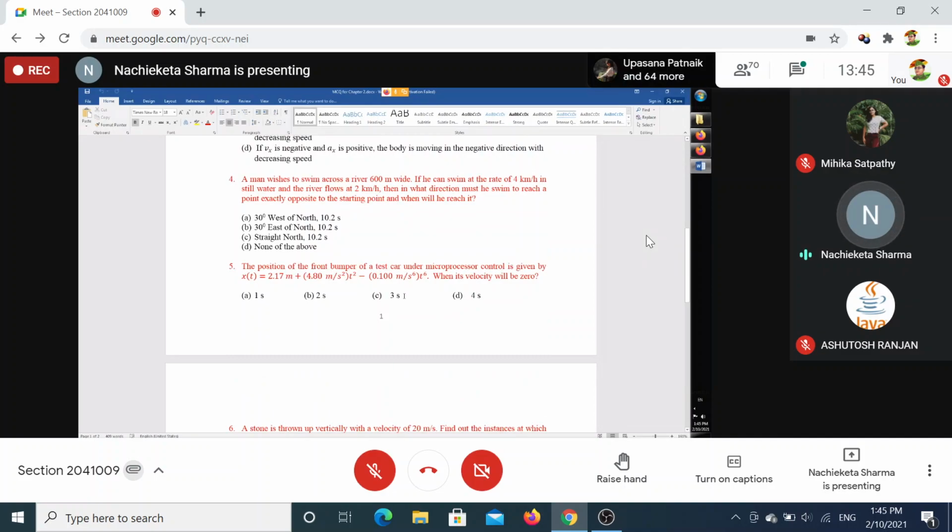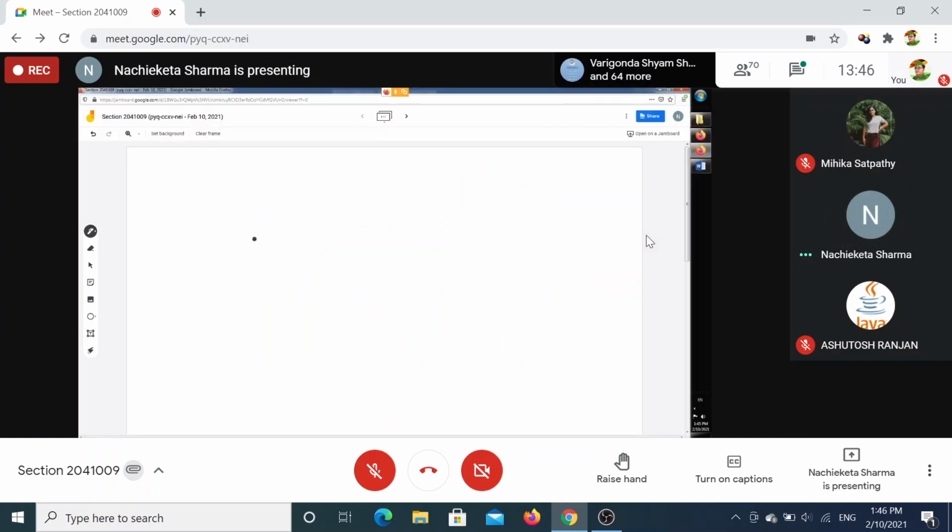Now question number 4. Actually, you were asking about this question, so now I'm doing it so that you can understand. The river has a width of 600 meter. In still water, when the water is not flowing, a person can cross this river because the swimmer has a speed of 4 km per hour, isn't it? 4 km per hour, or 4,000 meter in 3,600 second, so you can find meter per second also.